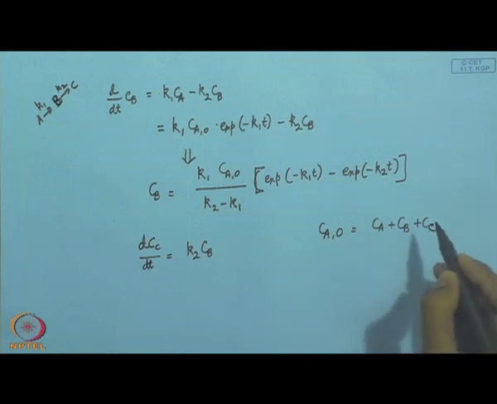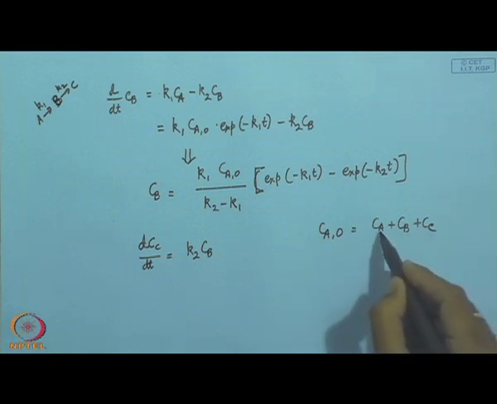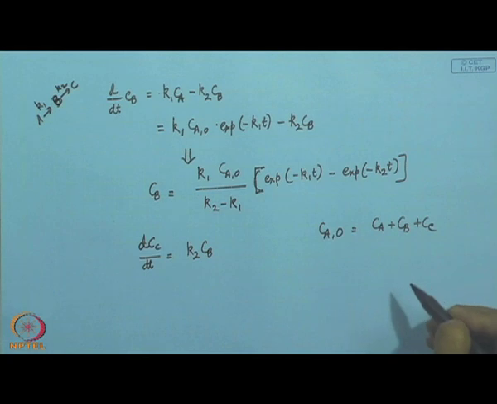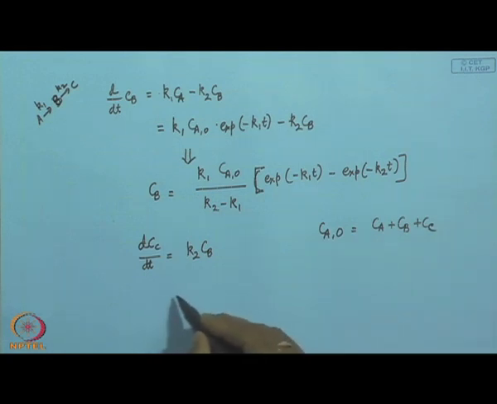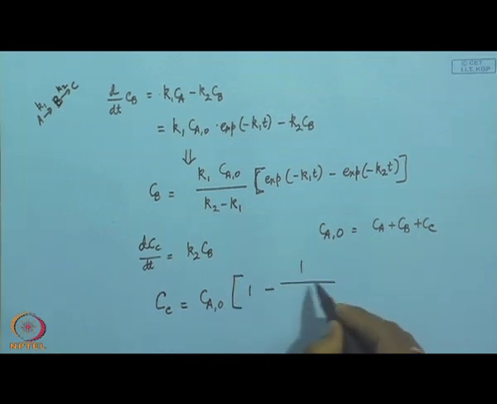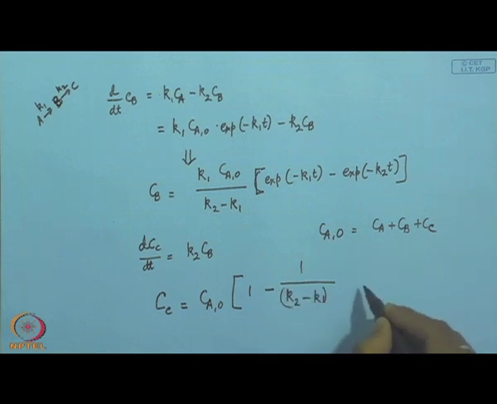So, instantaneously it is A, B, C. At any moment there is remaining A, remaining B and produced C. Then the concentration of Cc will be equal to Ca0 times 1 minus 1 by K2 minus K1 into this exponential quantity.